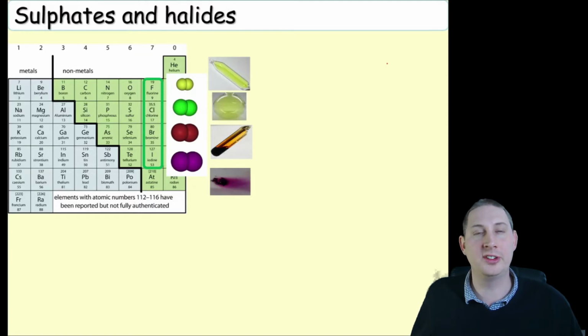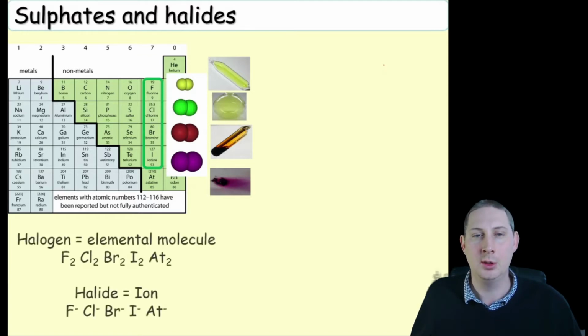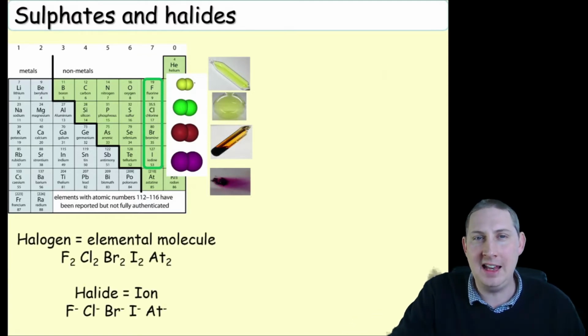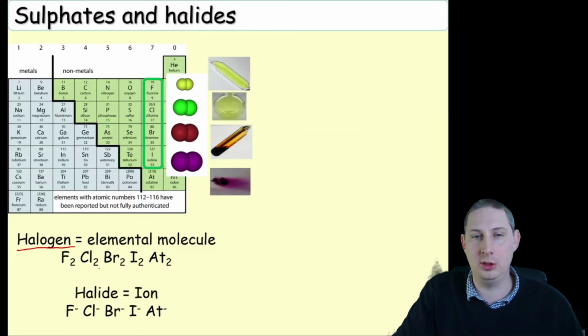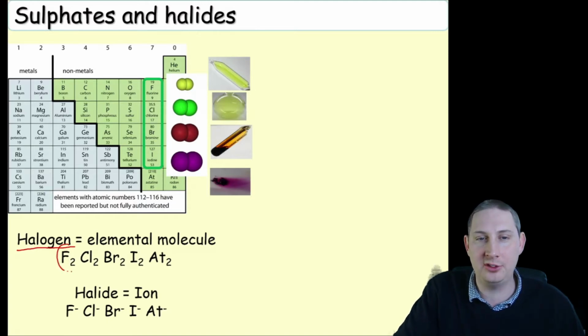Just to remind you, what is a halide? Well, these elements are the halogens, and they are diatomic. So fluorine F2, chlorine Cl2, bromine Br2. They are uncharged.